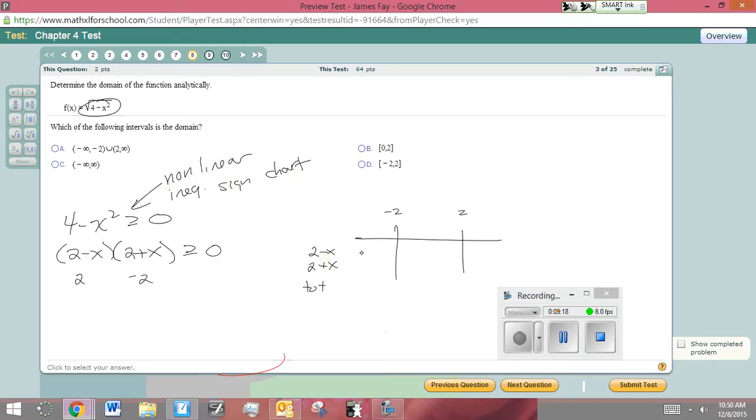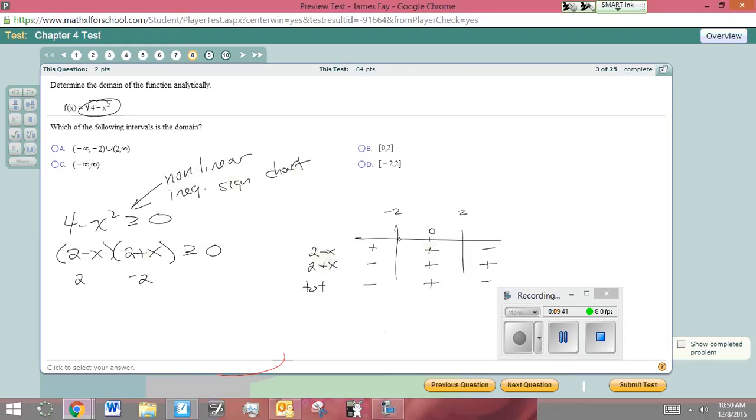If I choose a number like negative 10, 2 minus negative 10 is positive, 2 plus negative 10 is negative, so my total is negative. If I try a number like 0, I get 2 there, so that's positive, and I get 2 there, so that's positive. So my total is positive. If I try a number like 10, 2 minus 10 is negative, 2 plus 10 is positive, and that's negative.